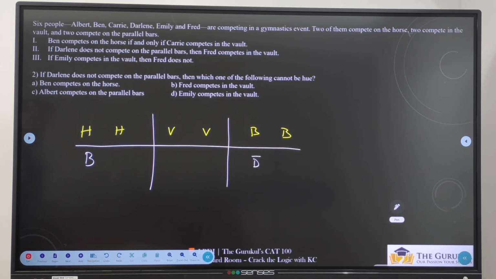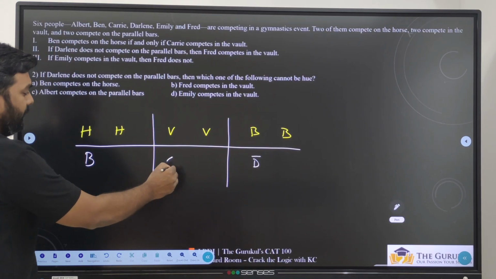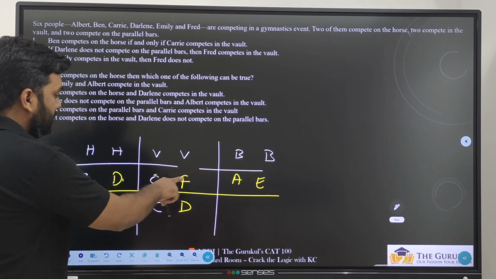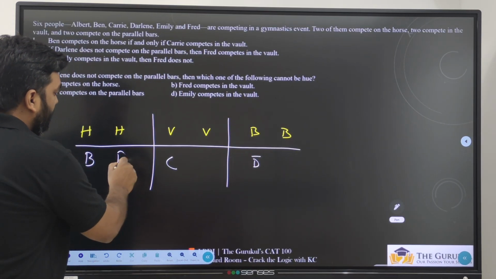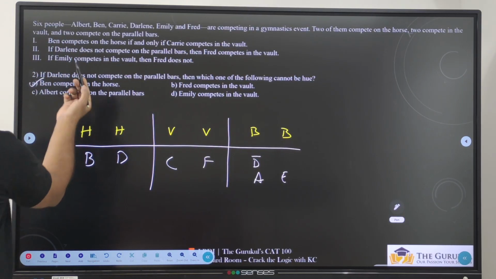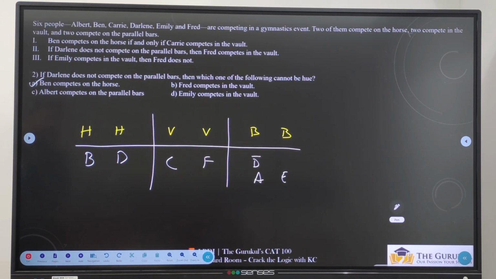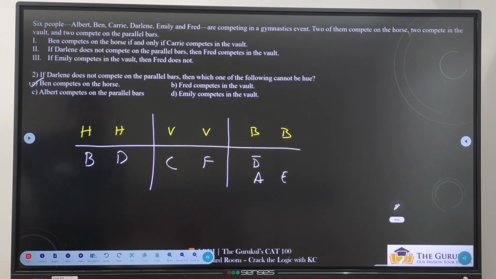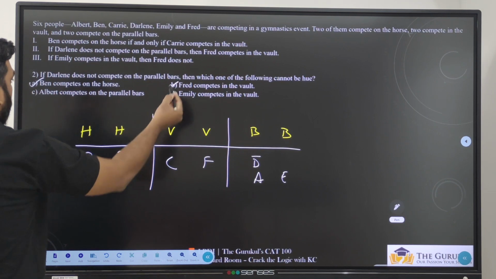If you remember, if B is competing in the horse, C should compete in vault. We wrote a case previously: C, B, D, C, F, A, E. This is working. Perfect. He is asking which of the following cannot be true, which means out of 4 options, 3 will definitely be satisfied. F competes in the vault. If F is competing in the vault, again this case can be true. So this is also true.